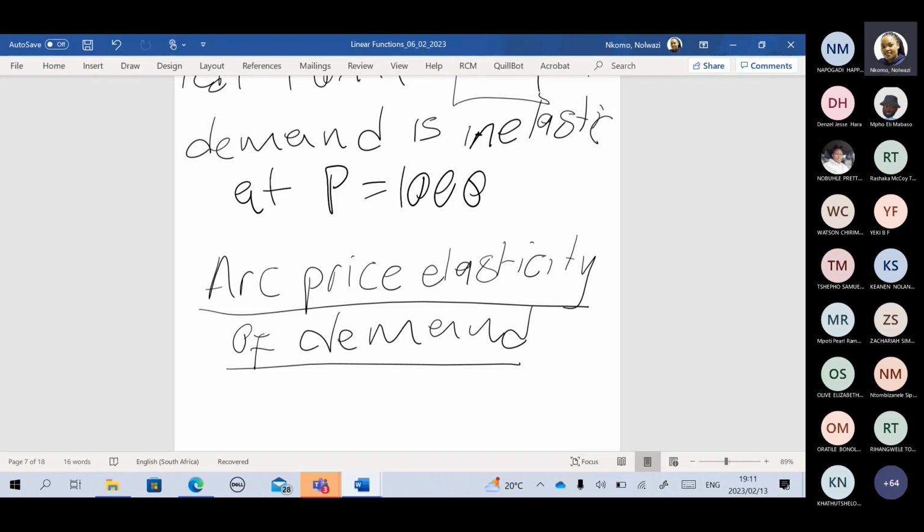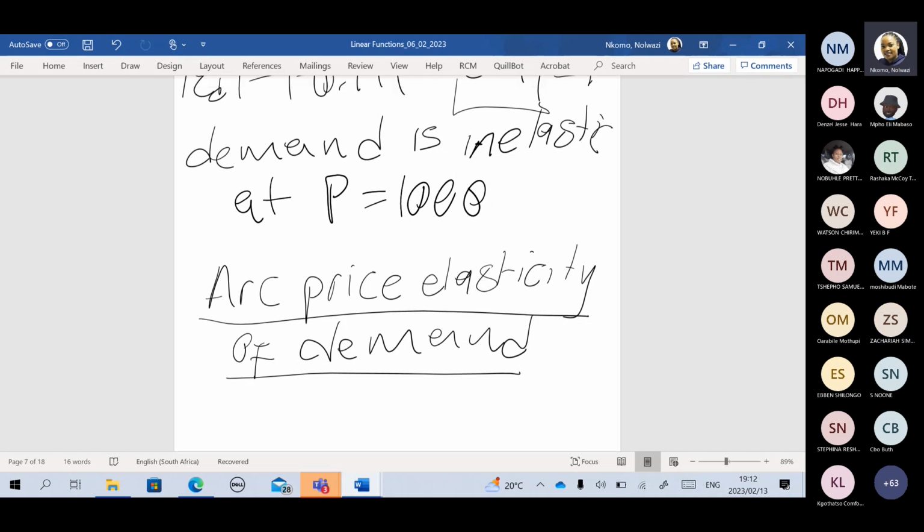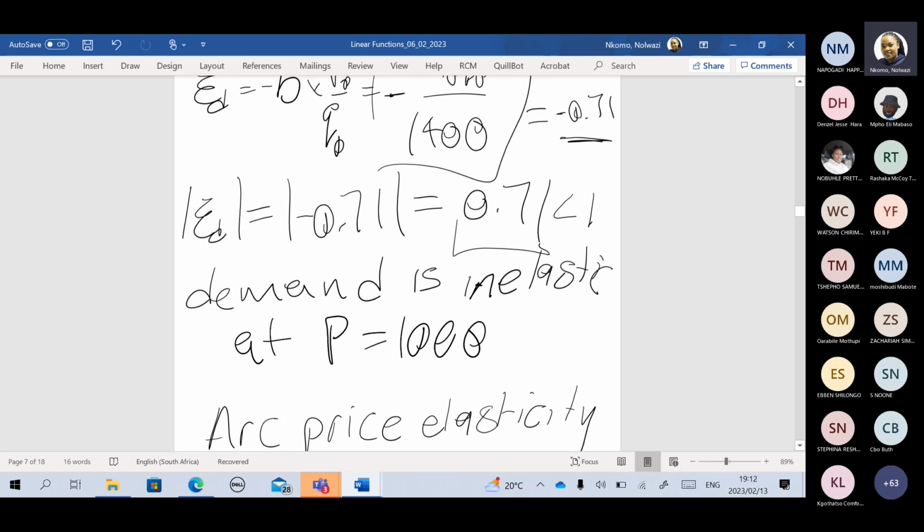This is how I usually do it with my questions. Possible answers, possible solutions. We have 3 points. The absolute value is 0.71, which is less than 1. Another point is that this is inelastic.